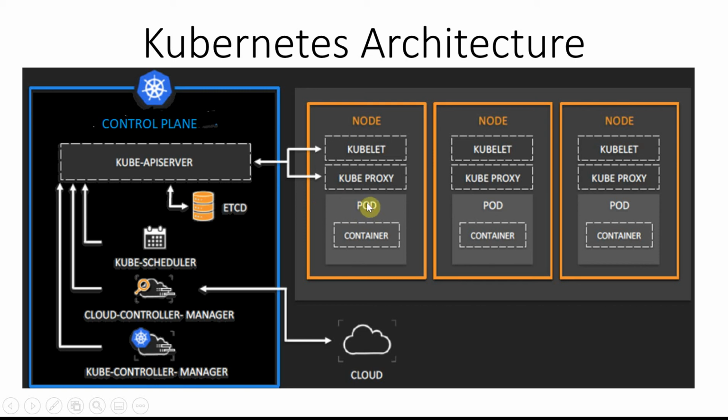Also, in this diagram there is only one pod, but imagine there are two pods in the same node. How will these two pods talk to each other? These two pods have different IPs, so they can also talk to each other.